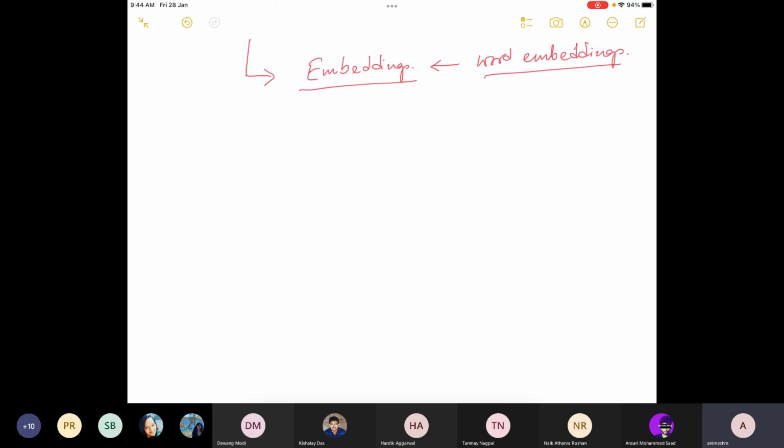Yes, sir. Okay. So basically, here the idea is to map a word, let's say W, into a vector space.